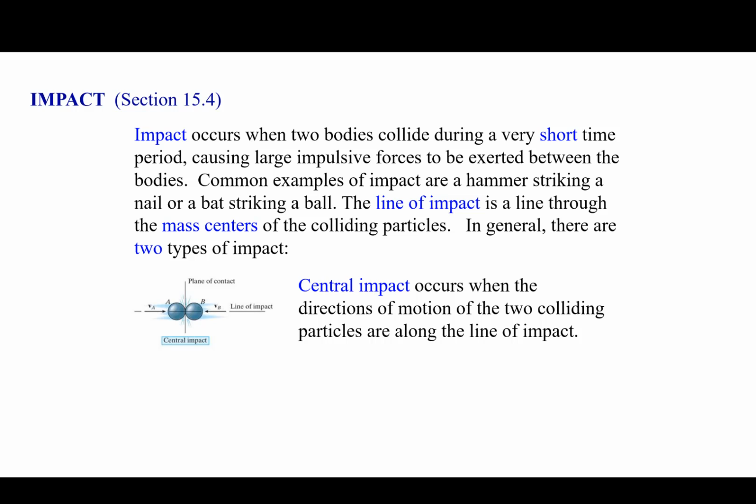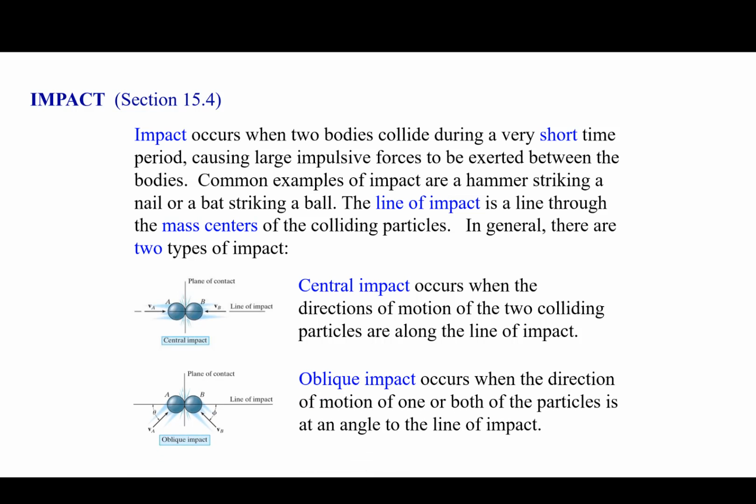So if I'm doing certain things with certain tools, I want to make sure that I'm acting along that line of impact. And we're going to call this a central impact, where we have two particles colliding along that line of impact. But then I can get the second one, and we call it an oblique impact.